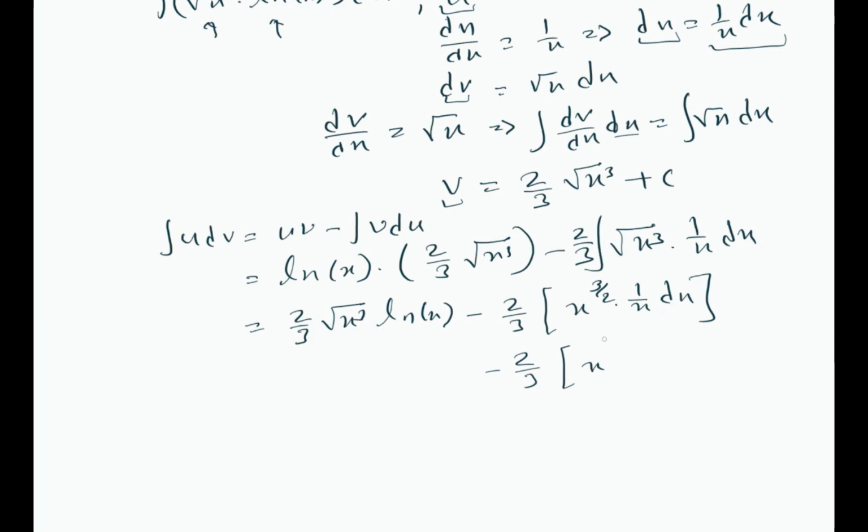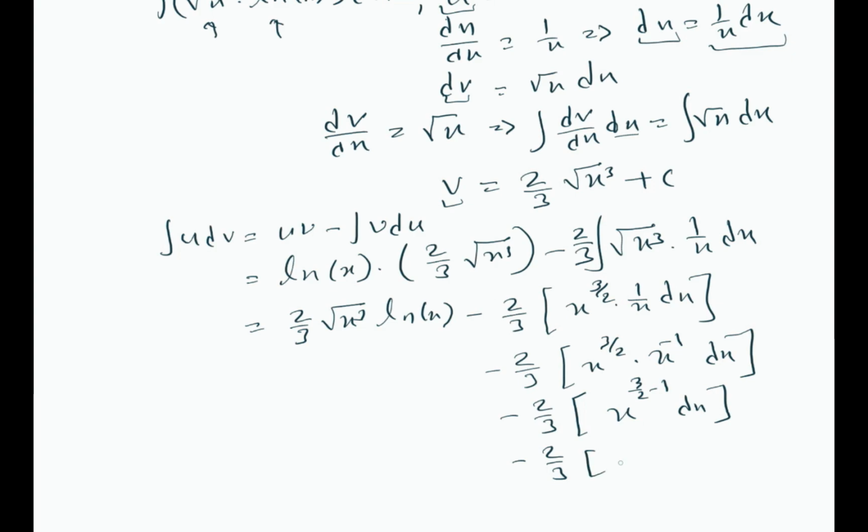So x to the 3 over 2 times x to the minus 1. Our bases are the same, and in multiplication we need to add the powers. So 3 over 2 minus 1, we are adding the powers, dx, right?